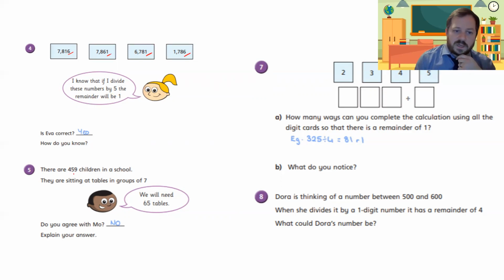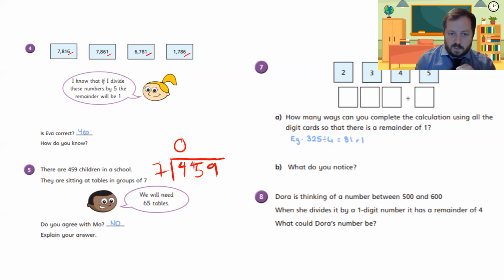There are 459 children in school. They're sitting at tables of groups of 7. He thinks we will need 65 tables. Is he right, and how do we know? Well, let's do it. 459, we're dividing by 7. 4 divided by 7 we can't do, so it carries over.